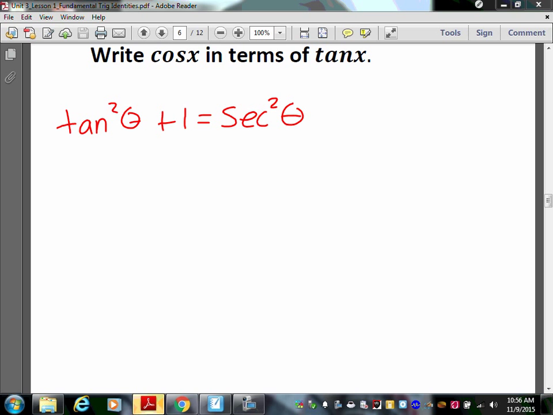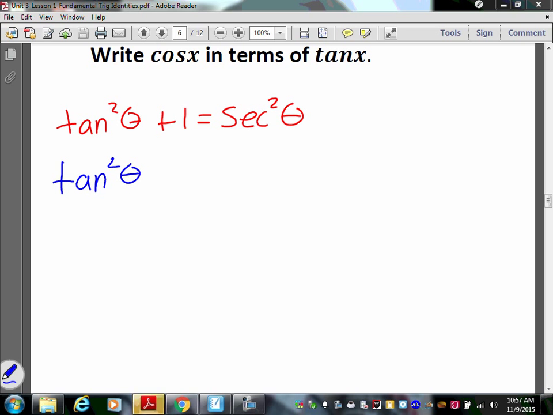You have to get comfortable with looking at certain functions through the lens of their reciprocal function. So I'm looking at secant still as cosine because they're reciprocals. Whenever I have secant, I can always have cosine just by plugging in 1 over cosine. So I actually do have a function that relates tangent and cosine. I just have to plug it in.